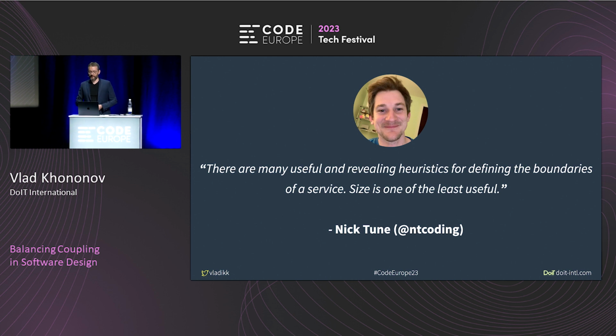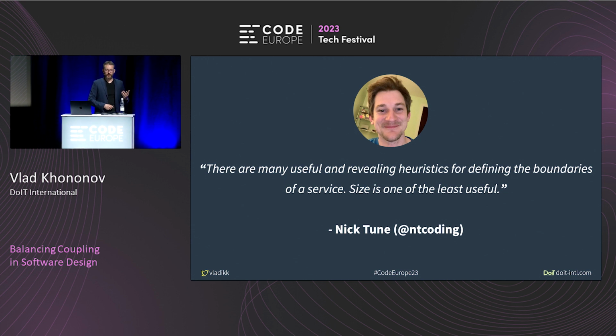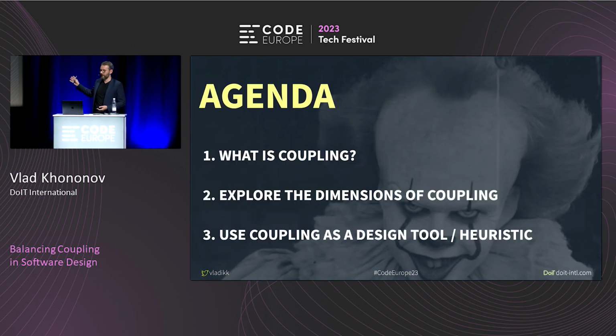So, I know it may sound controversial, but instead of fighting coupling, in the next 45-ish minutes or so, I want to show you a different way of thinking about coupling. And I will even try to convince you that you can use coupling as a design tool, a tool that can help you to design modular systems. So this is our agenda. We're going to start by defining what coupling is.